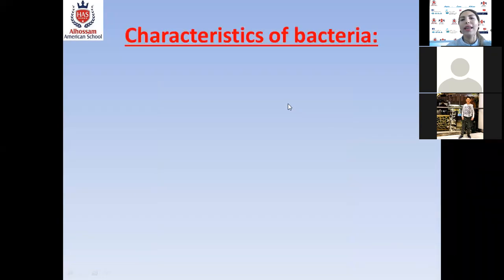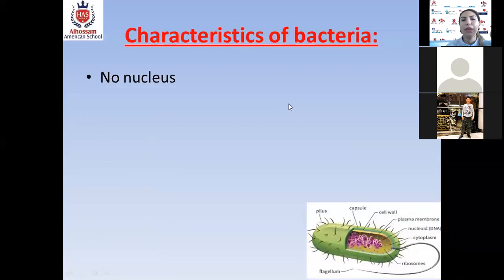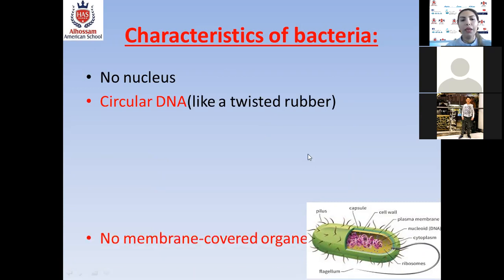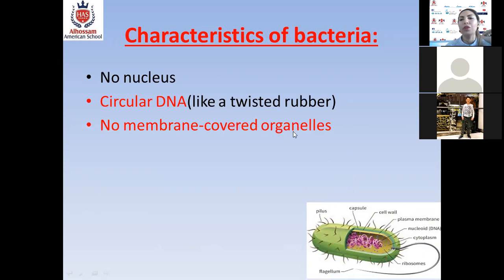And what are the characteristics of bacteria? Bacteria have no nucleus, and circular DNA, as we can see here, like twisted rubber. No membrane covered organelles.